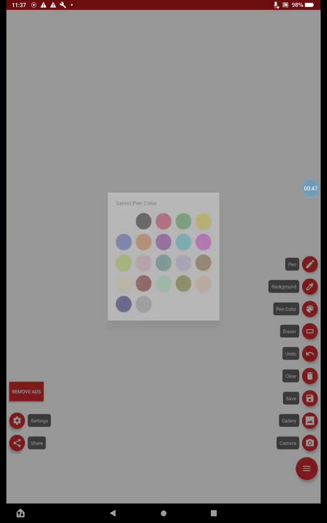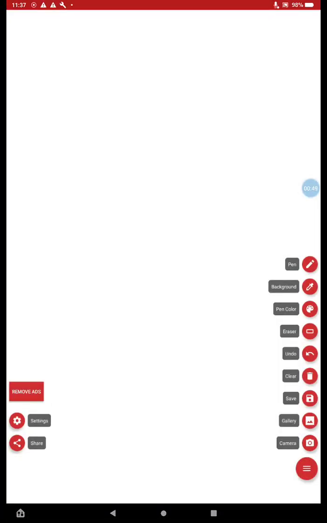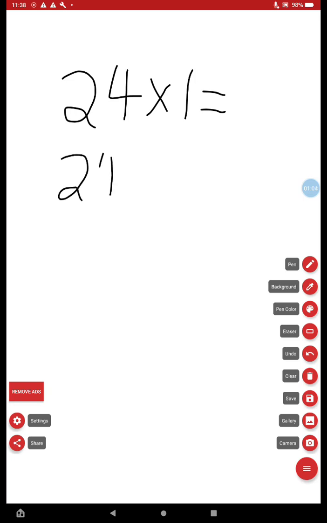First example today, let's take a simple one. Let's say 24 times 1. Oh, that's not too hard. Okay. Well, what about 24 times 1/10?